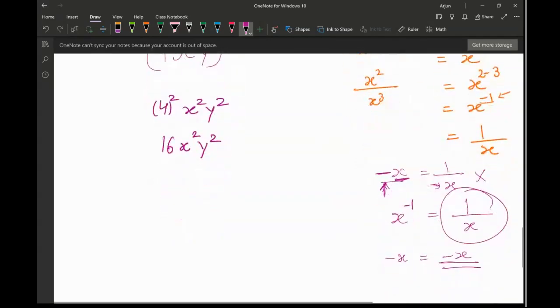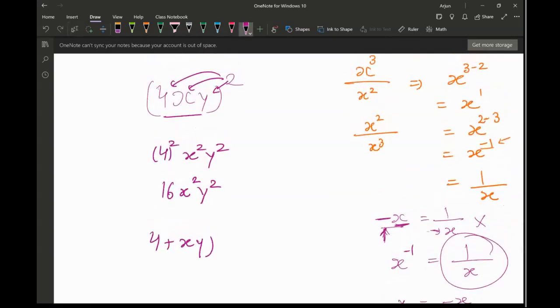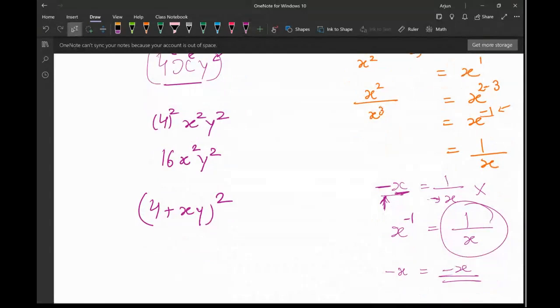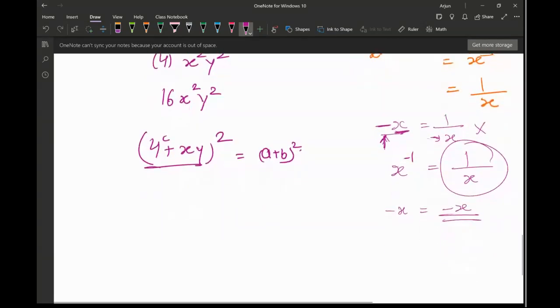Now if there is an addition between the two terms, 4 plus xy, so this was 4, this term was 4xy. Now if I write it as 4 plus xy whole squared, now I cannot distribute it like this, that will be wrong. So then in that scenario you have to use the a plus b whole square formula. I hope this is clear to you guys.